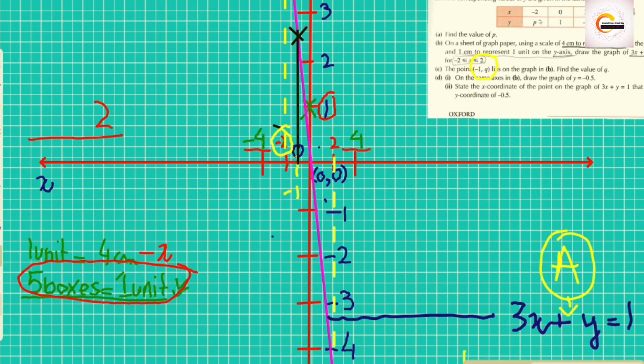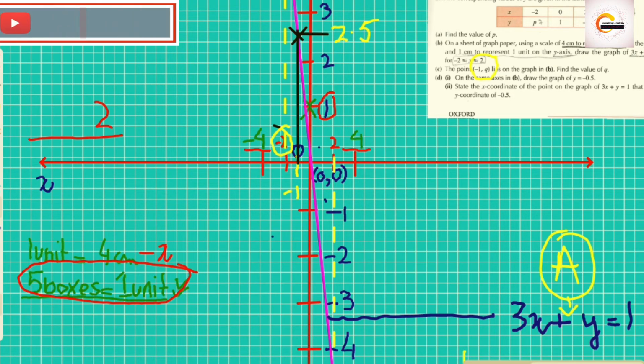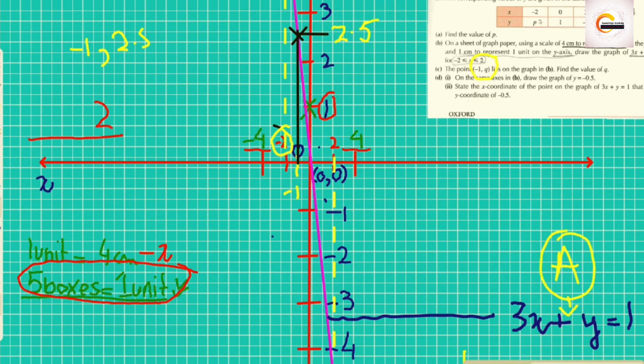We can see that its y coordinate is somewhat in between 2 and 3. It could be 2.5. Now I can say that this point whose x coordinate is minus 1, its y coordinate is 2.5. So the value of q is 2.5.